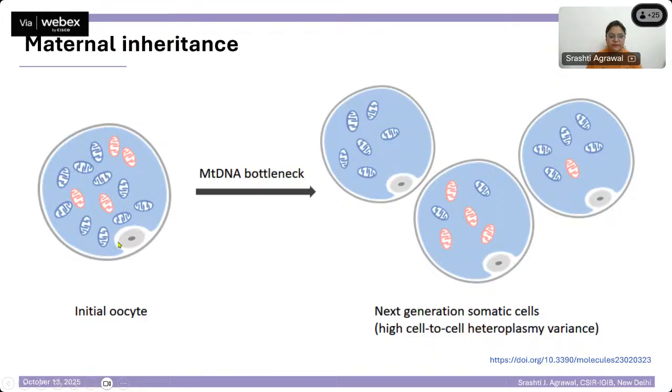Now consider this specific cell where there are normal mitochondrial DNA, depicted in blue, and variant mitochondrial DNA, depicted in red.